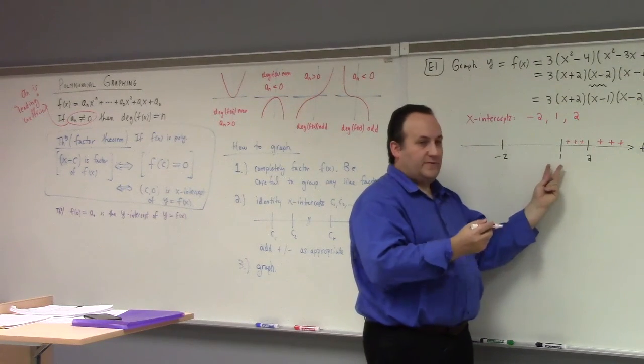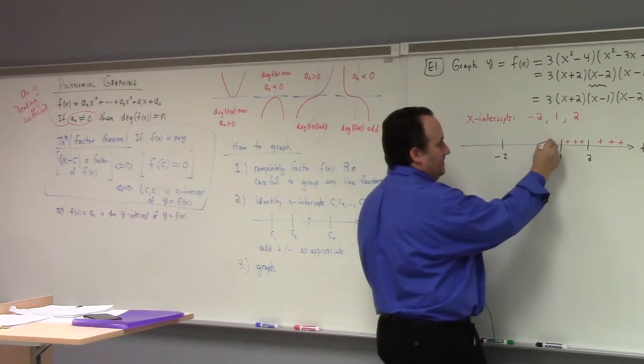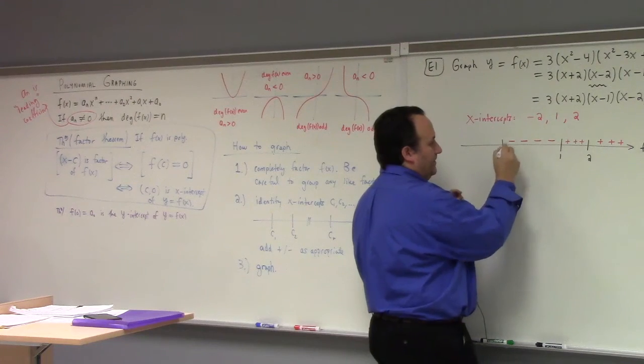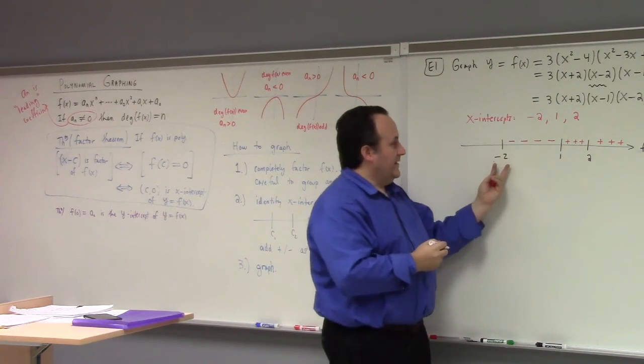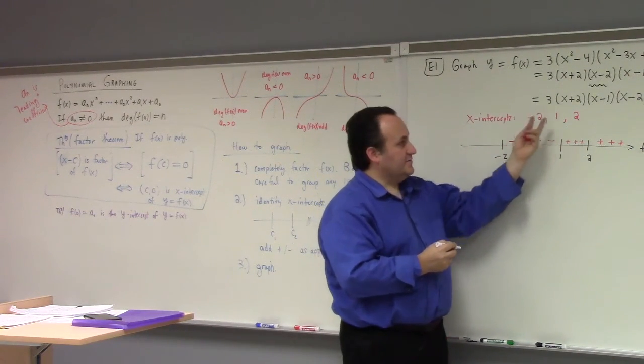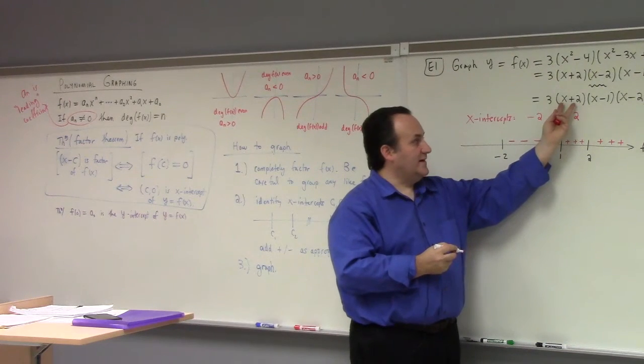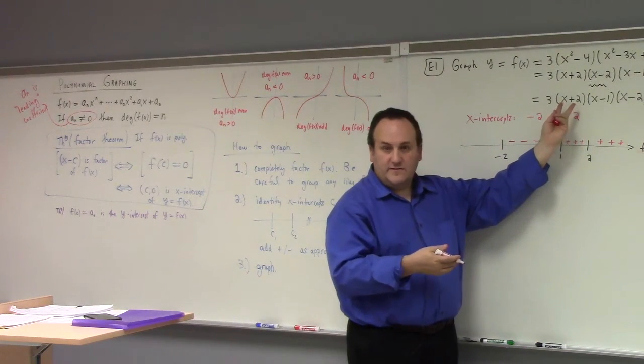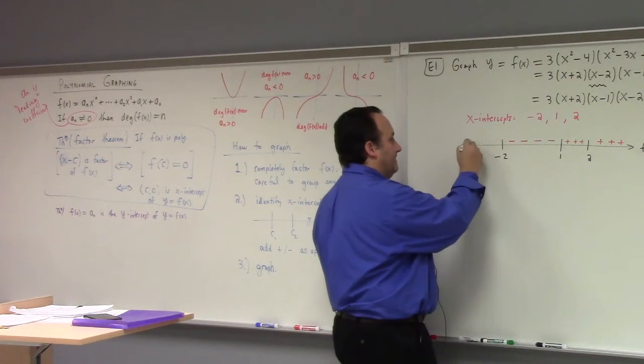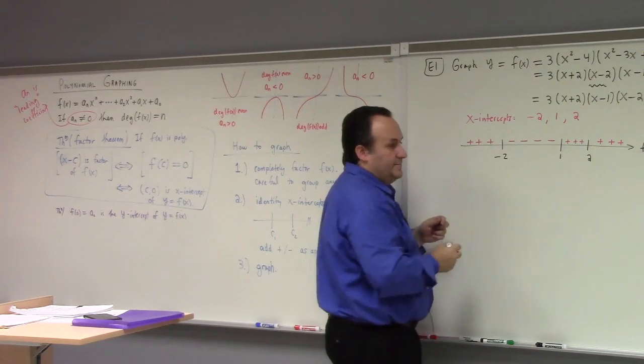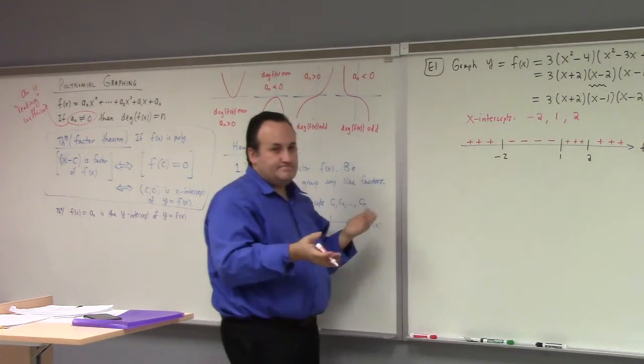So there, we flip from plus to minus. Now, at minus 2, that corresponds to x plus 2. Again, this is an odd power, namely 1, so we flip the signs again. And that's it.